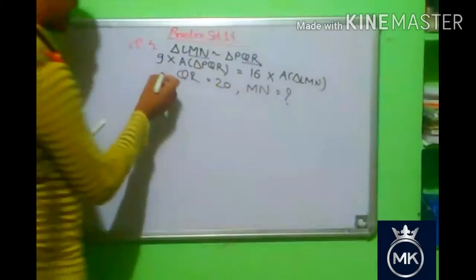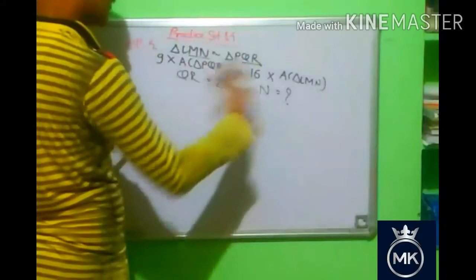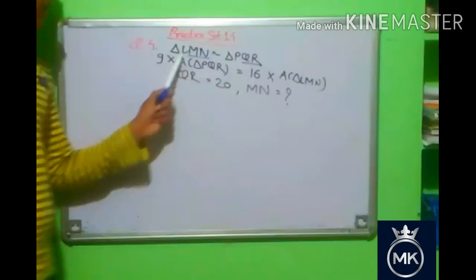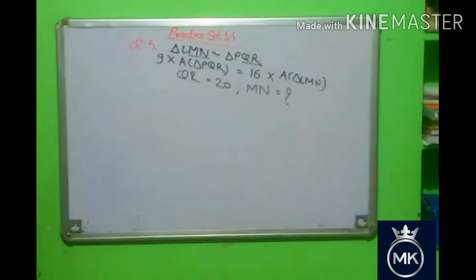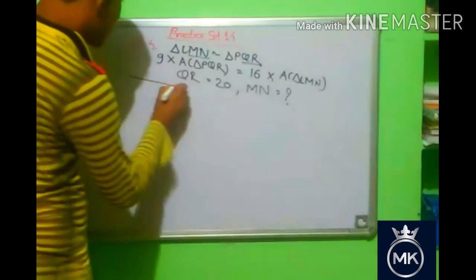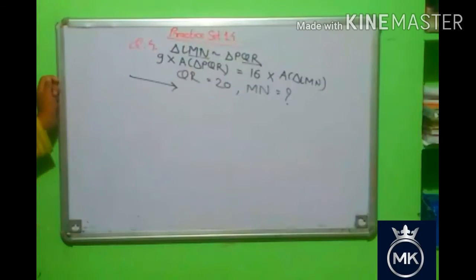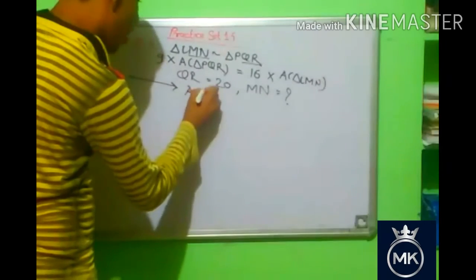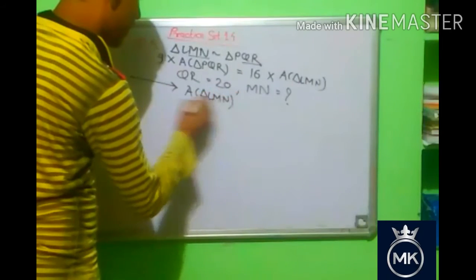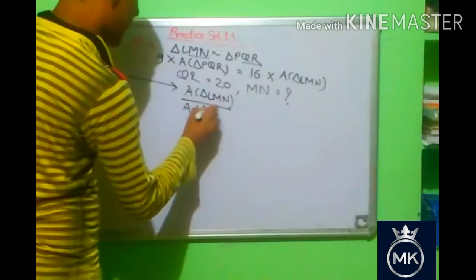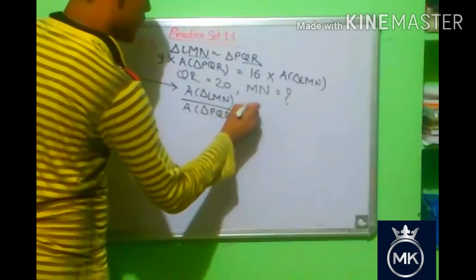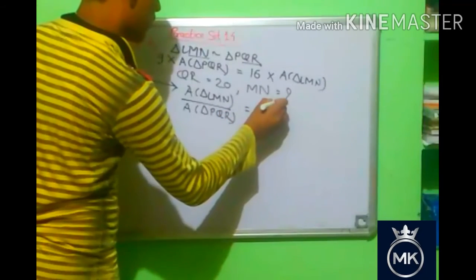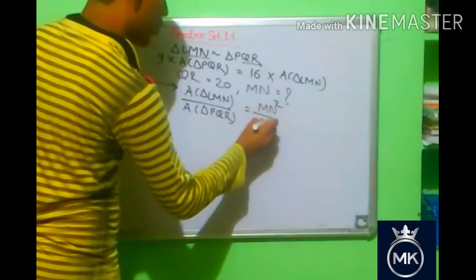And we are also given 9 into area of triangle PQR is equal to 16 into area of triangle LMN. So friends, when we solve it, we need to know the theorem. According to this theorem, area of triangle LMN by area of triangle PQR is equal to MN square by QR square.